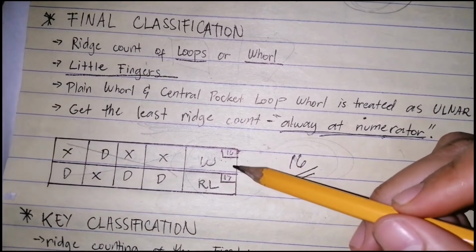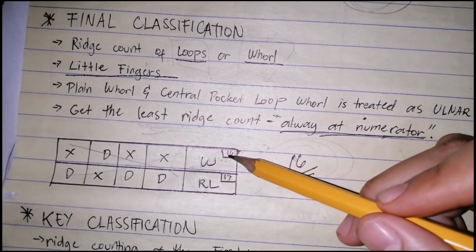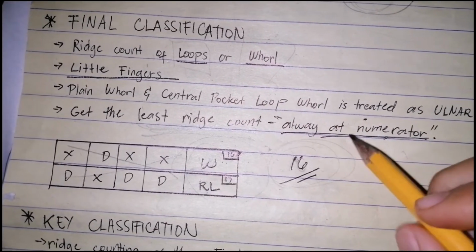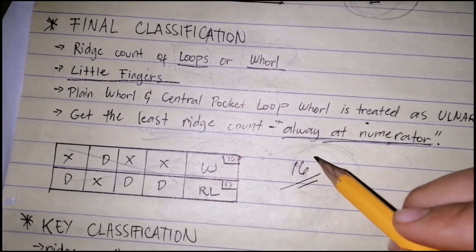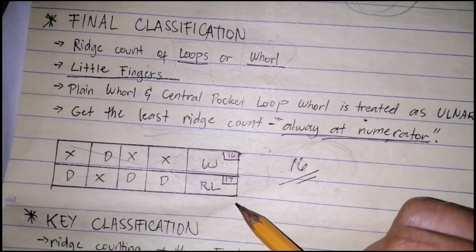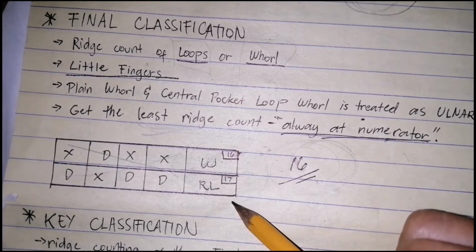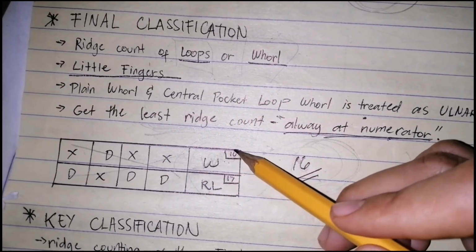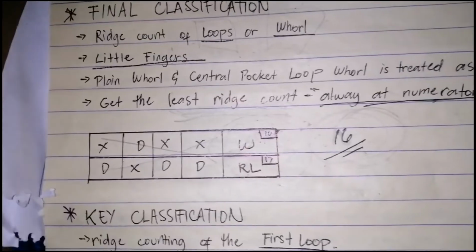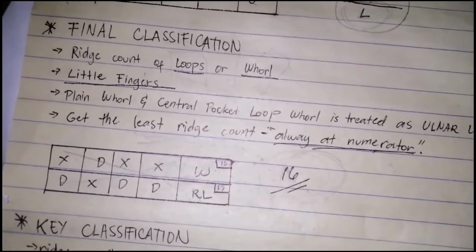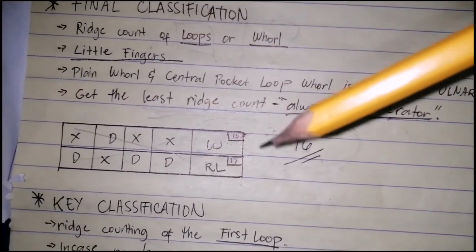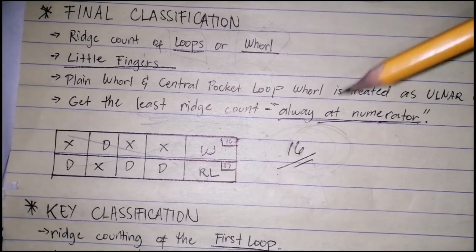The least ridge count of the two is 16, so we will put 16 in the numerator. That is the final classification: it only focuses on the loops and whirl in the little finger that consist of the least ridge count.